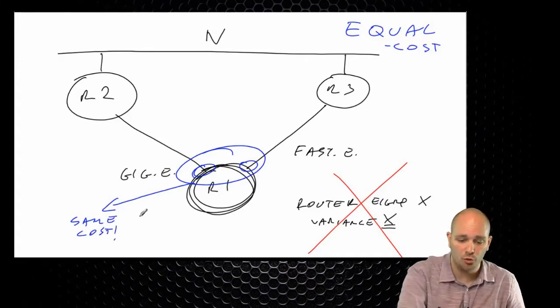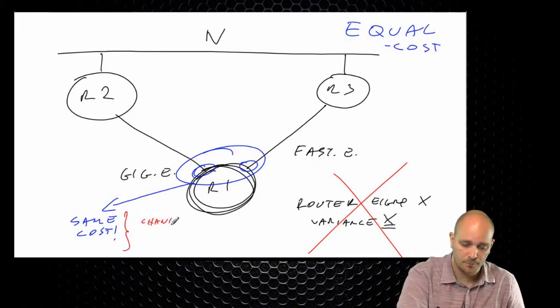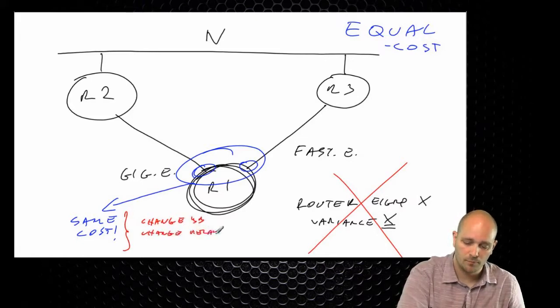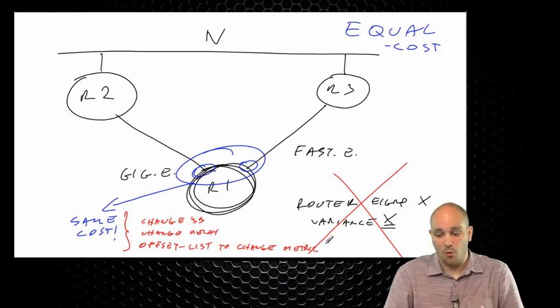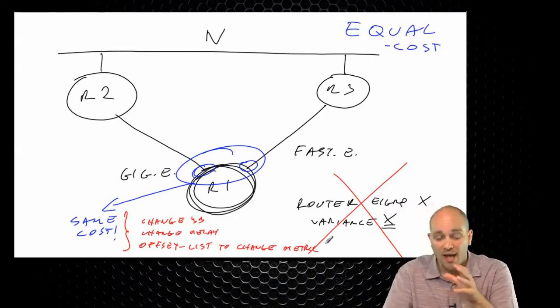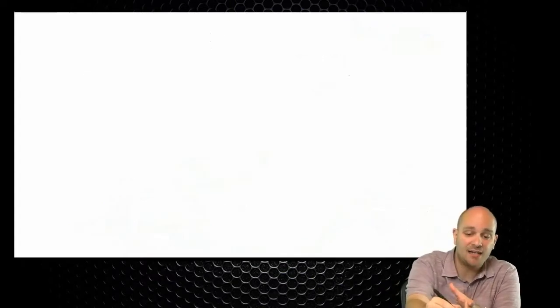This is what you need to do. So what you need to do is either change bandwidth, change delay, or use offset list to change metric, right? Now, if you go the variance way, you are actually configuring unequal cost.